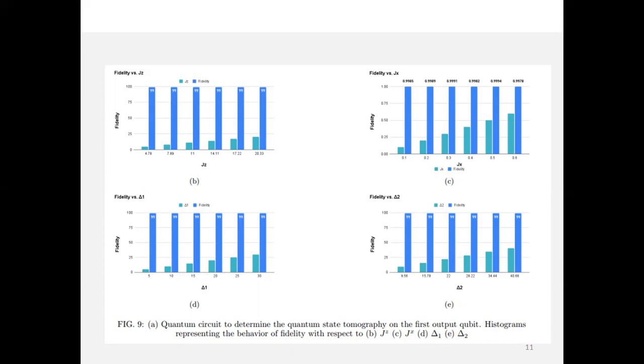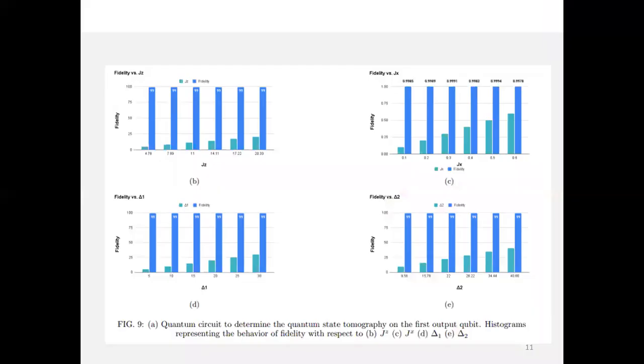Between those values, the fidelity is below 50%. In some cases it's 60%, 50%, 40%, but only at those specific values do we get the maximum fidelity. I guess we can also draw another plot for those values, where we can show the variation of fidelity that is below 50%. I missed that.